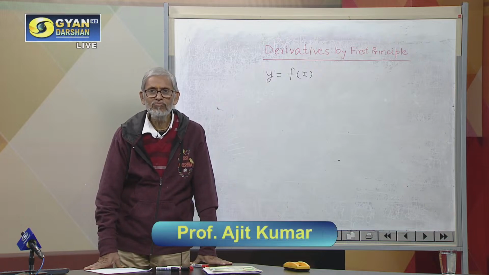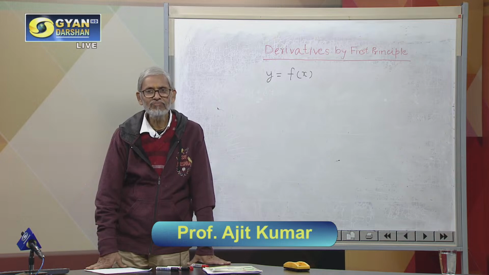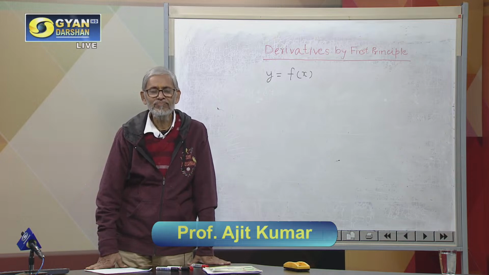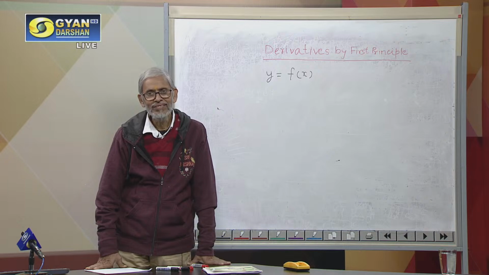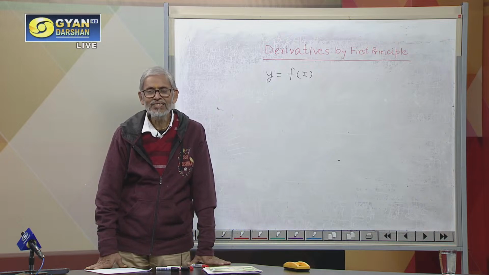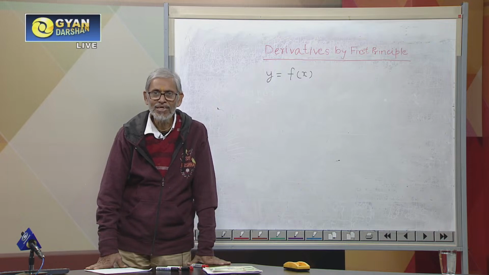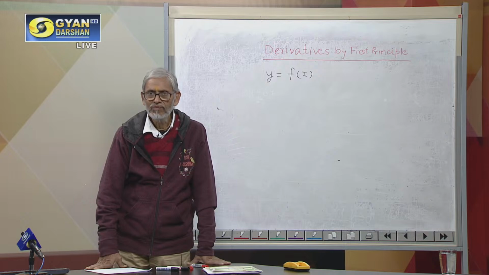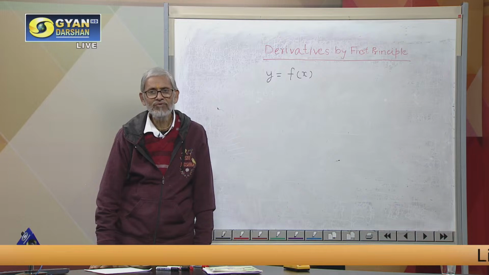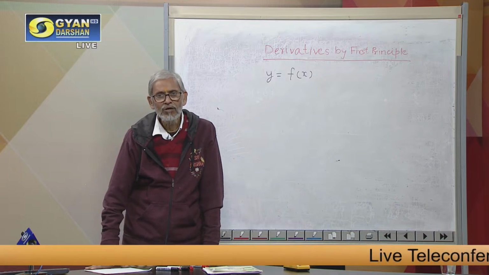Today we are going to discuss derivatives by first principle. In the last class, we have already discussed derivatives and their geometrical interpretation. We found a method to find the derivative at any point of a function.